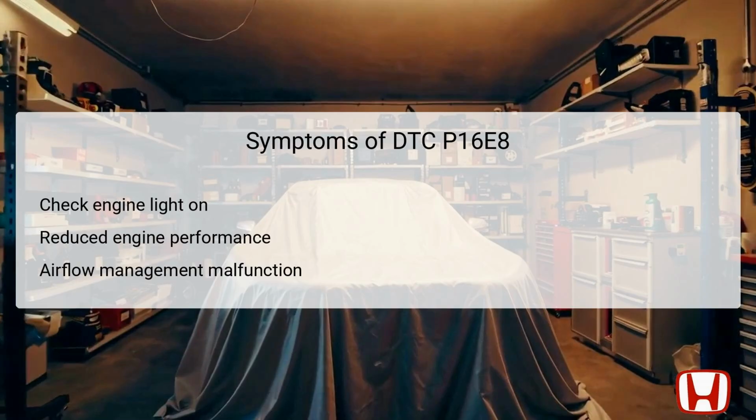Additionally, the vehicle may experience reduced engine performance, resulting from the impaired function of the shutter grille that may fail to open or close as required, affecting airflow and cooling efficiency. Furthermore, drivers may notice symptoms related to airflow management, leading to overheating or inadequate engine cooling. Identifying these symptoms early on is vital to avoid further complications and repair costs.